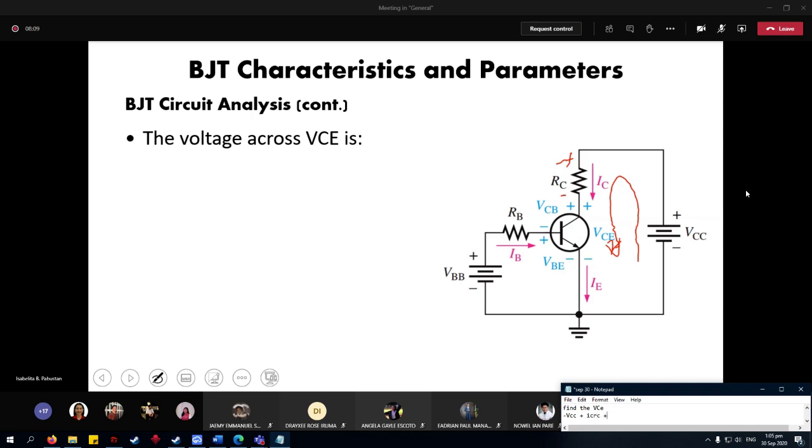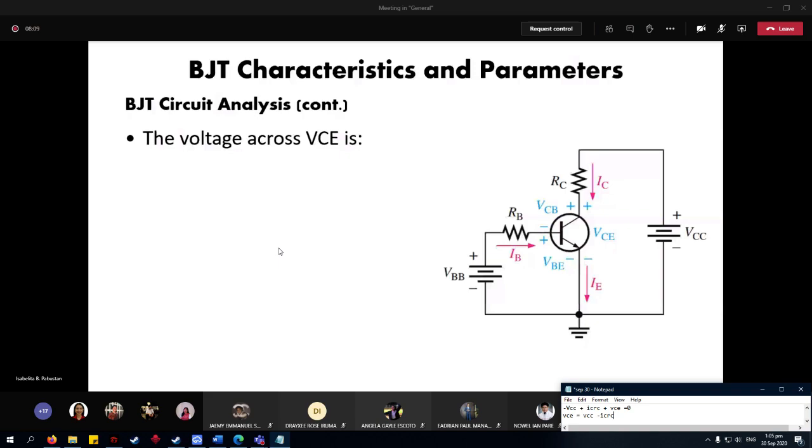You are being asked for VCE. So, therefore, VCE is equal to VCC minus the voltage across RC. What is the voltage across RC? V is equal to IR, so ICRC.